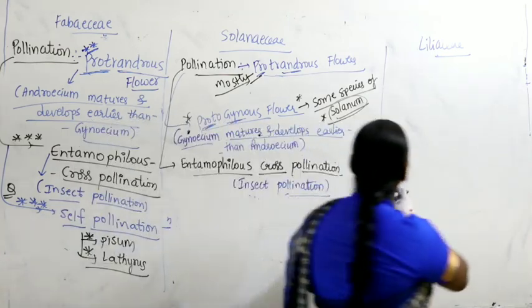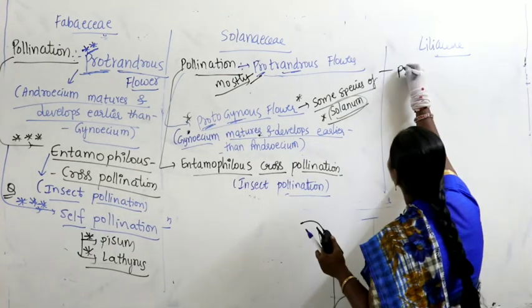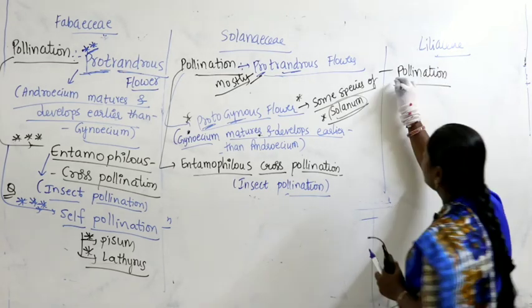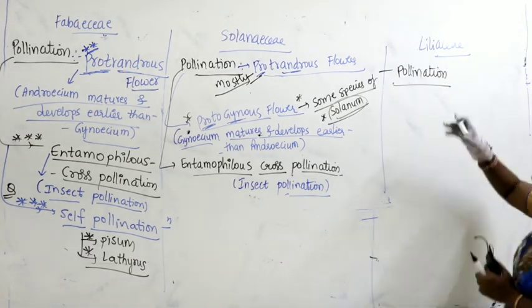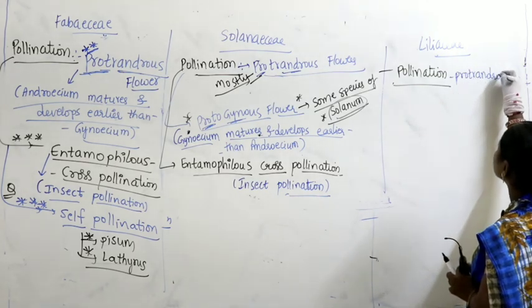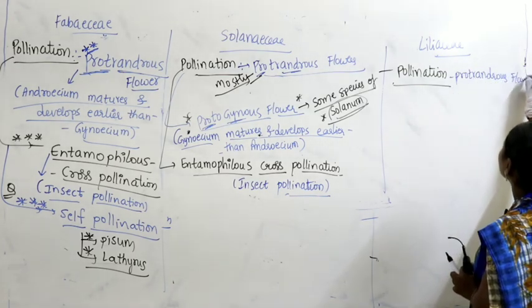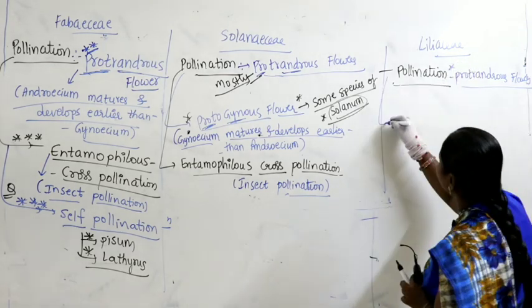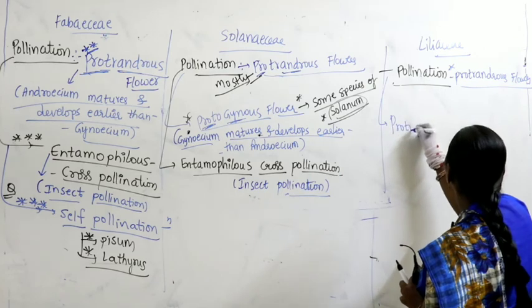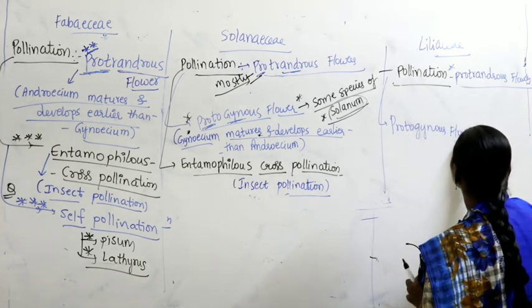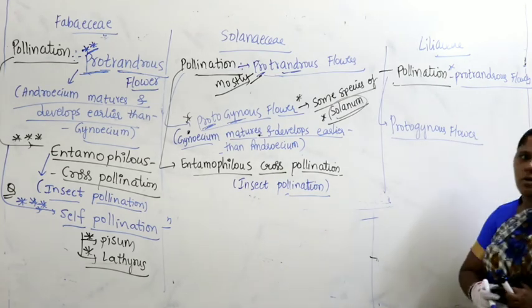Right. Now let us go with Liliaceae. Here in case of Liliaceae, we also write pollination. In Liliaceae also we find protandrous or maybe protogynous flowers.